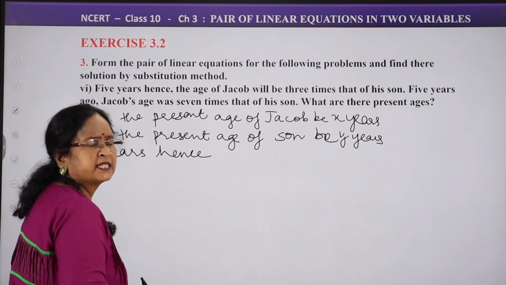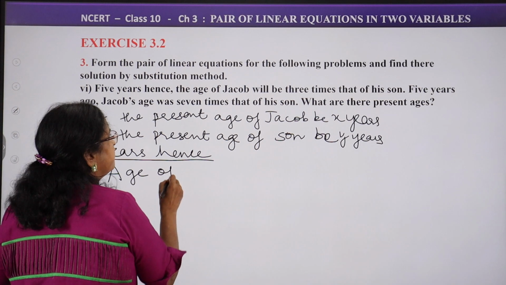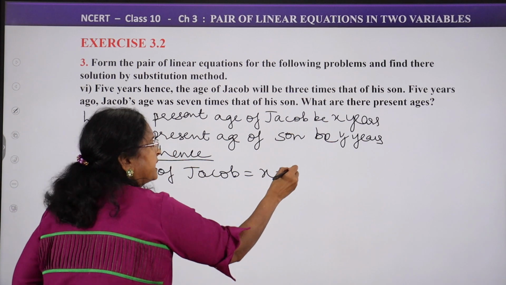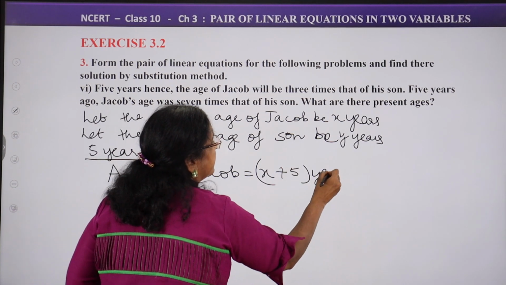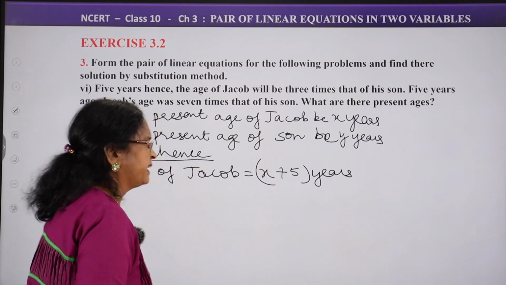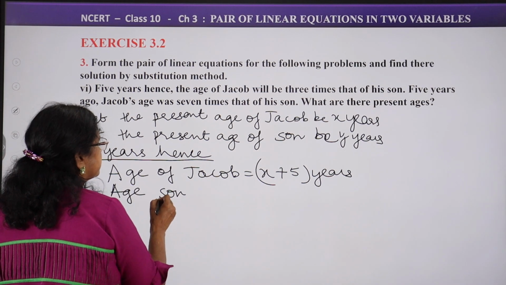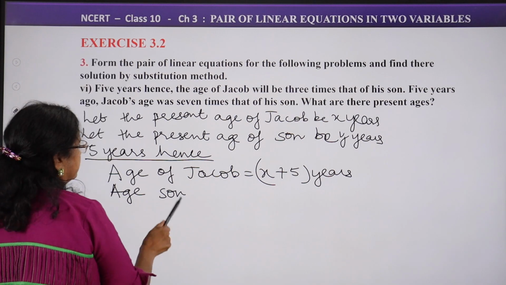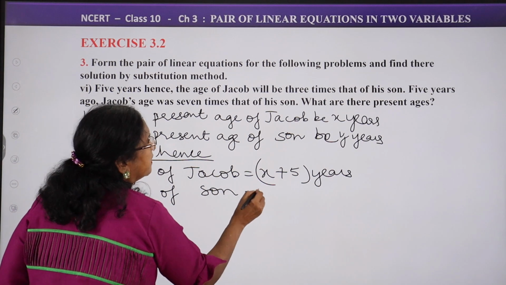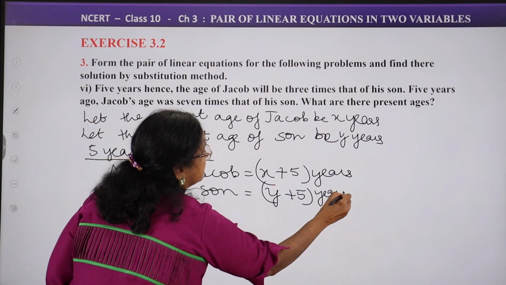Done? 5 years hence, that is after 5 years. What will be their ages? This is 5 years hence, age of Jacob, x plus 5 years. Now this becomes an expression, so I have put it in the bracket. Age of son after 5 years, y plus 5 years.